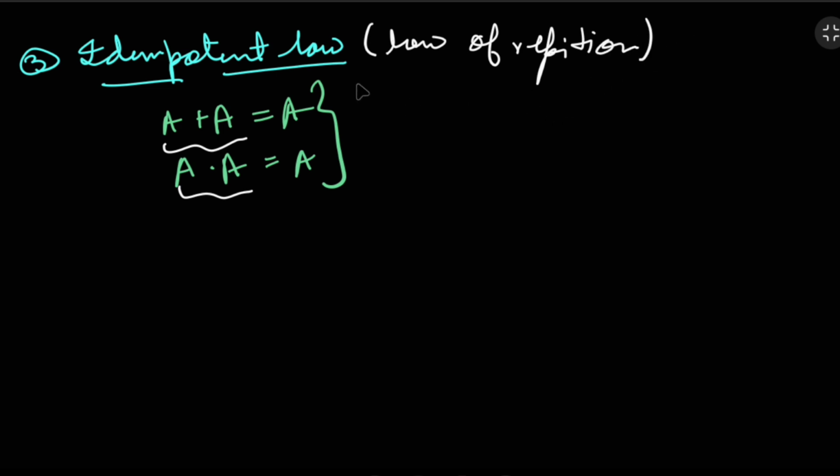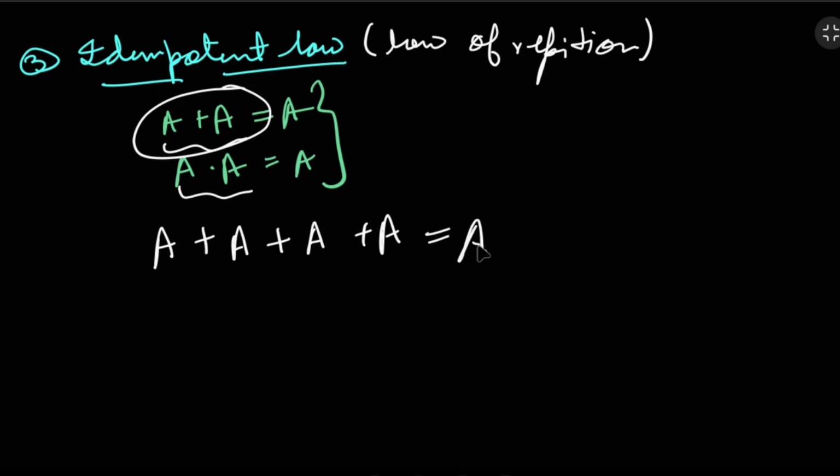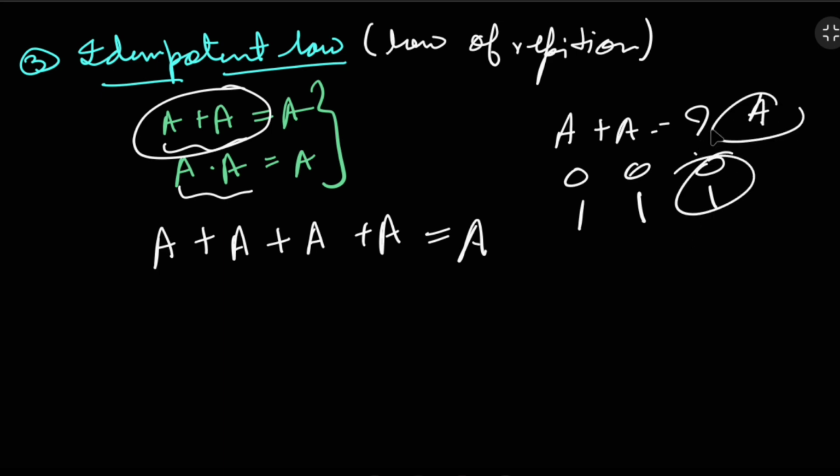A plus A is again A. A plus A, what should you write? A can be 0 or 1. If A is 0, then A is also 0. If A is 1, A is also 1. So the answer will also be 0, 1. So again it will be A, right? So no matter how many times you do it, it will be same.